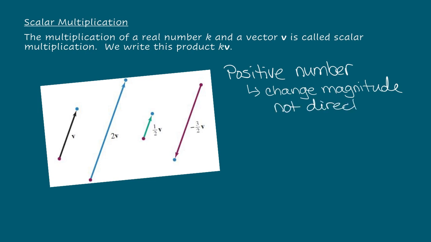However, if I multiply by a negative number, I will reverse the direction of the vector. So if I multiply by a negative number, I will still change the magnitude, but I will reverse the vector.